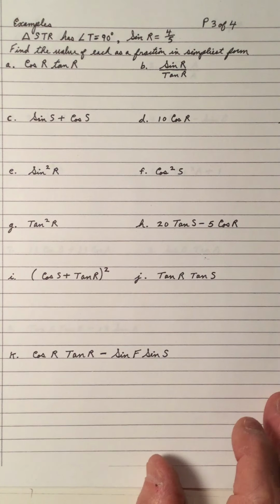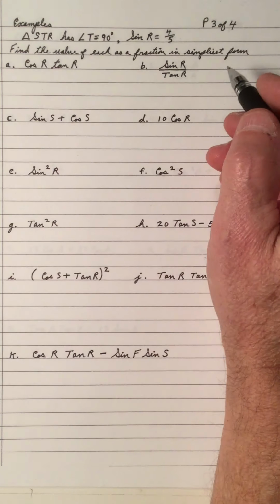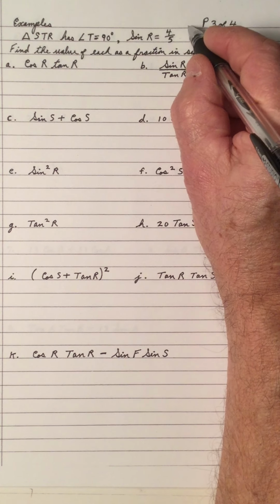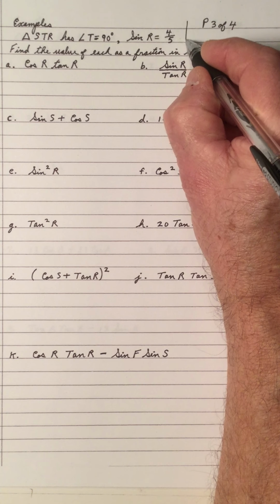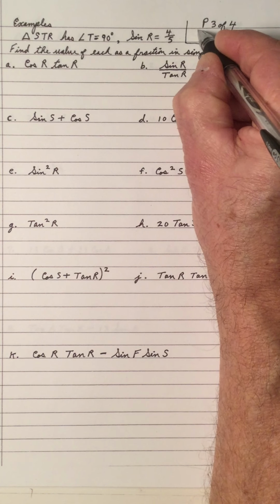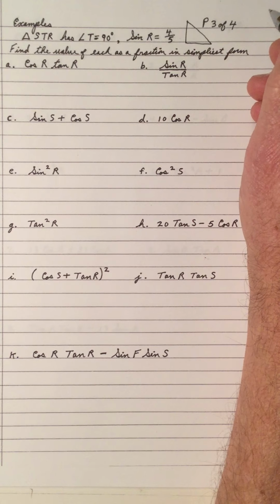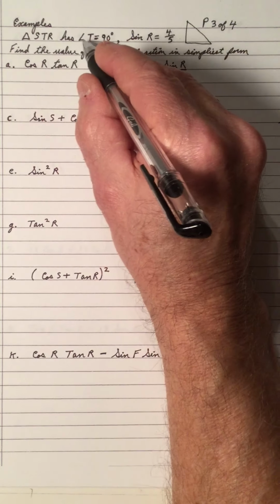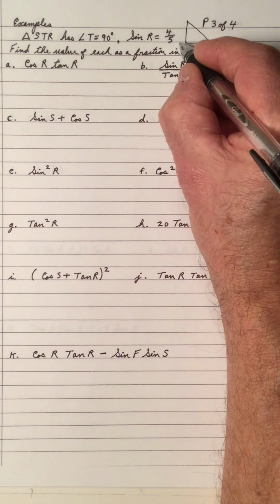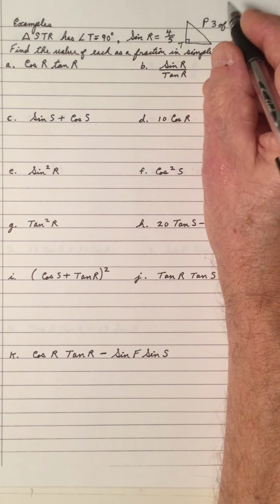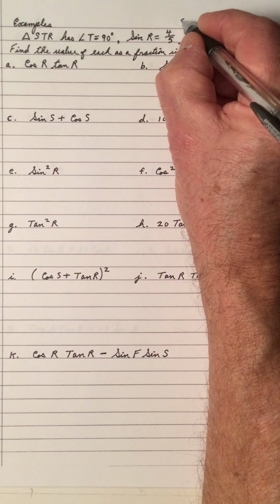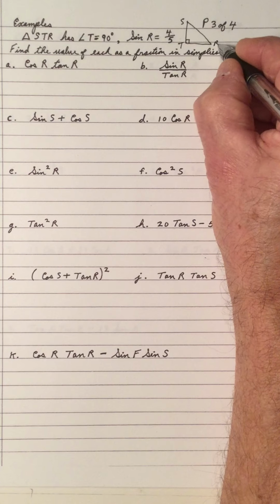Now we have a different style question, but it's still related to what we just did. So what we have here is a triangle, and I'll put the triangle here, and we have triangle STR where angle T is 90 degrees. So T is 90 degrees, and we can put S here and R here, it makes no difference.